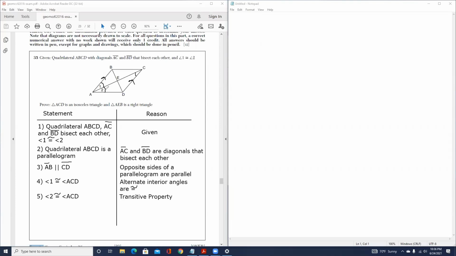Now we have sufficient information to state that triangle ACD is isosceles.